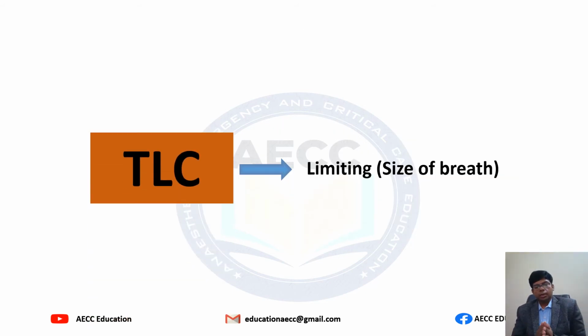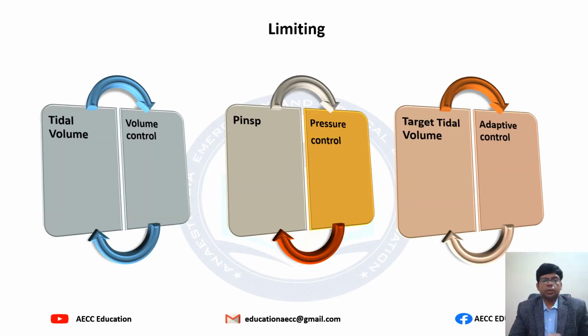Now, after the trigger, move to the limiting. Limiting means size of breath. So, limiting is always paired with the controlling type. The limit parameter is tidal volume for the volume control ventilation, peak inspiratory pressure in case of the pressure control mode, and target tidal volume in case of the adaptive control like PRVC mode.